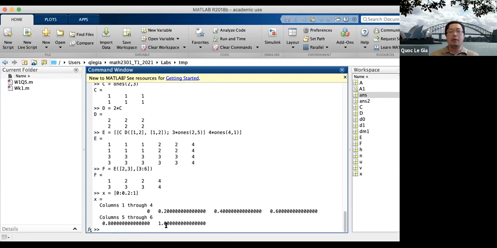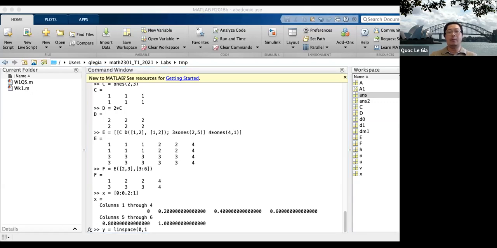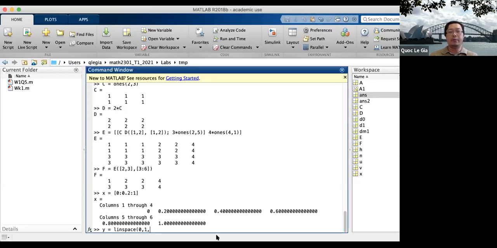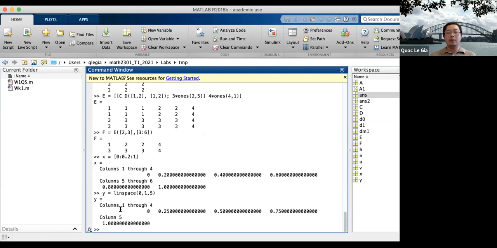And then if you put linspace from 0 to 1 with 5, then it is divided into 4 equally spaced intervals, and you get 0, 0.25, 0.5, 0.75, and then 1. So if you want the two to give the same answer, then you have to give 6 numbers. Sorry, not 6 intervals, but six numbers. Okay, then it will be the same.